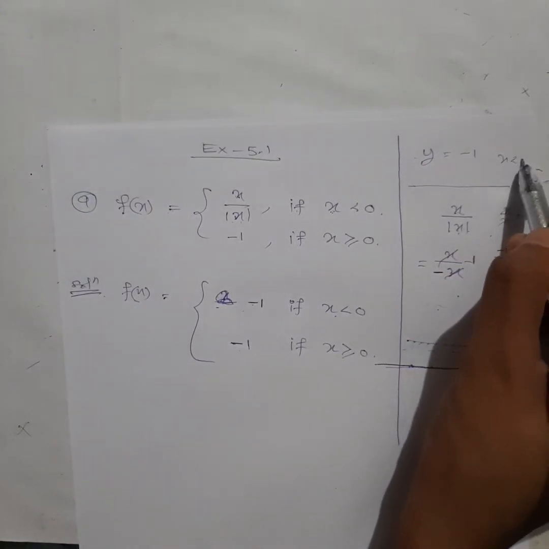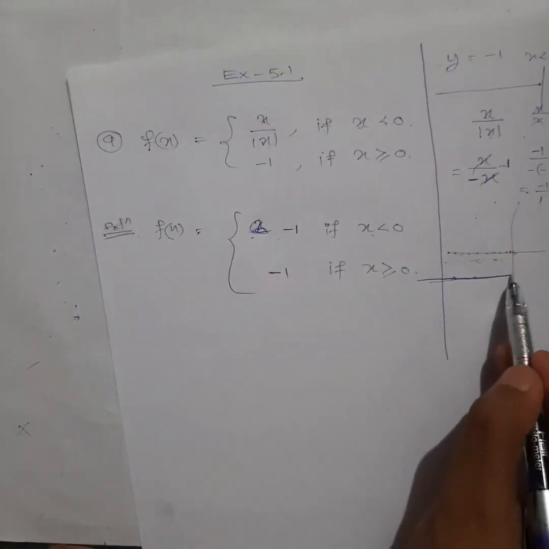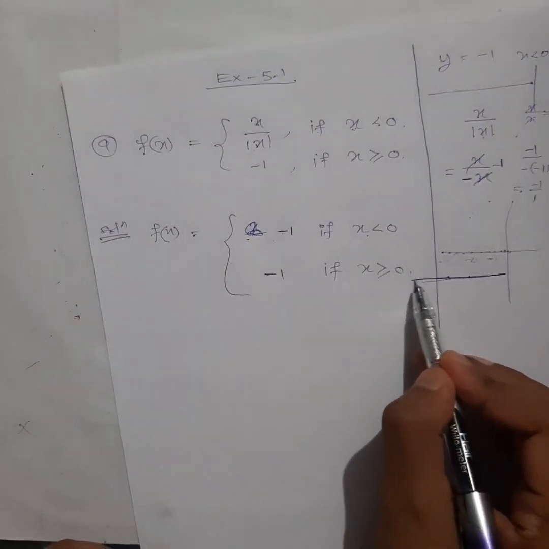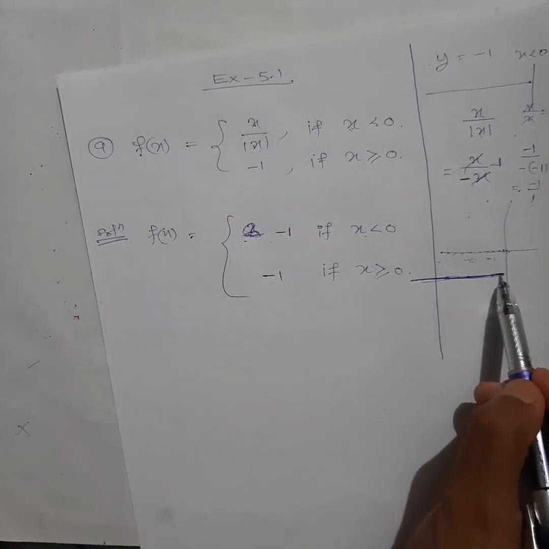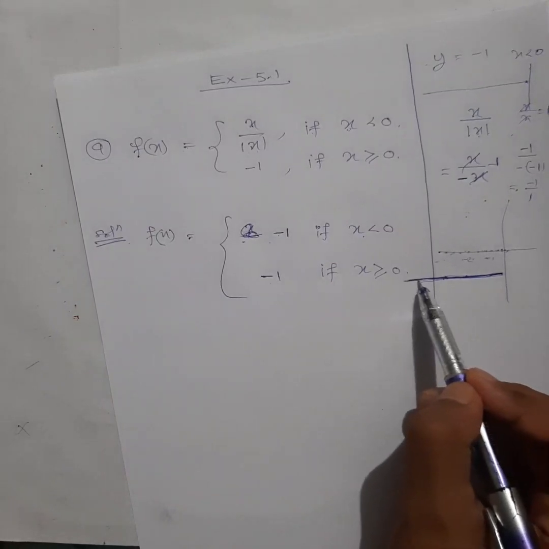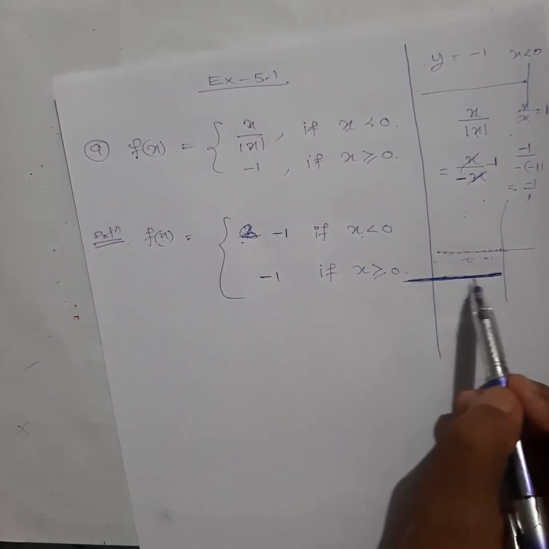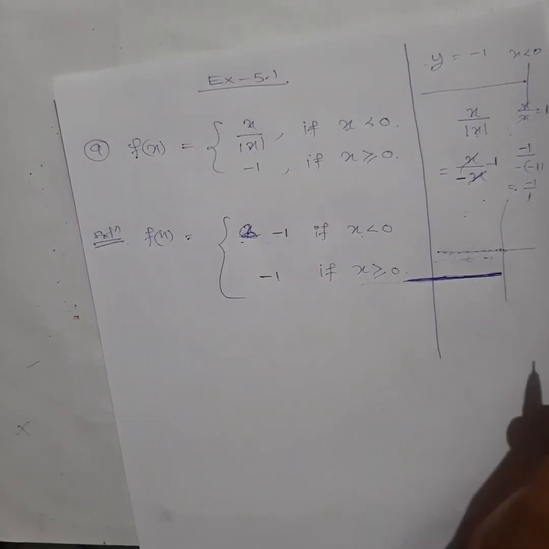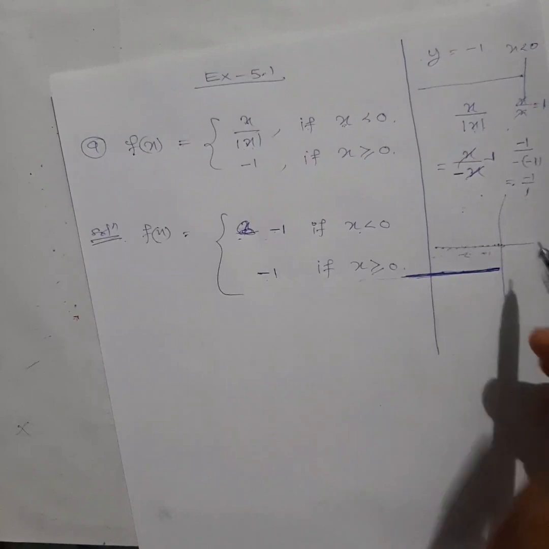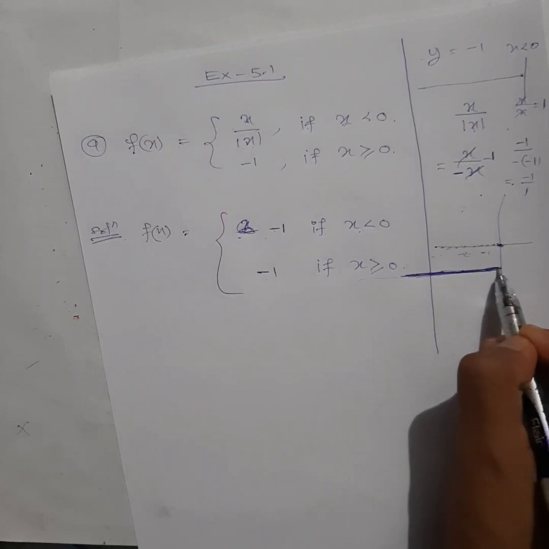Since you have to take x less than 0, the graph will be constant like this till here. So in this graph there will be no break, right? The graph will not break at any point on your left. Now the chance is that at 0 it might break. So let's see, if you take x greater than or equal to 0, if equal to 0 also gives you this point, then it will join here.